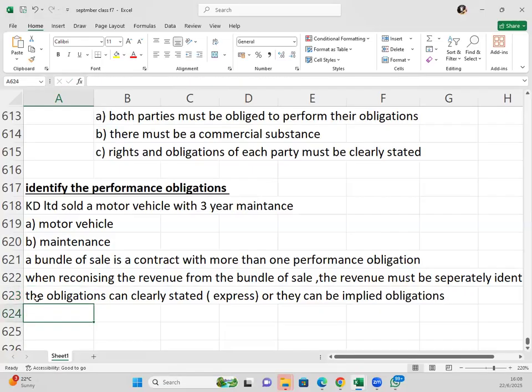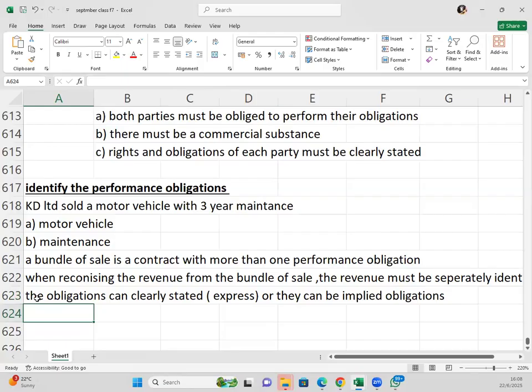Then you can be selling on behalf of another person. Let's say you are acting as an agent. If you are acting as an agent, it means you are selling something that doesn't belong to you. What you're entitled to is commission.